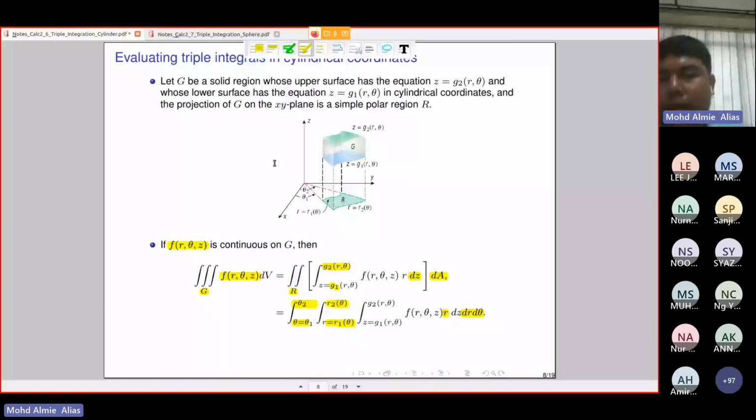In that case, you need to modify your integration, specifically the limits and also the dz and the r d theta. So you might have dx dr d theta, where r and theta are defined on the yz plane, not on the xy plane.